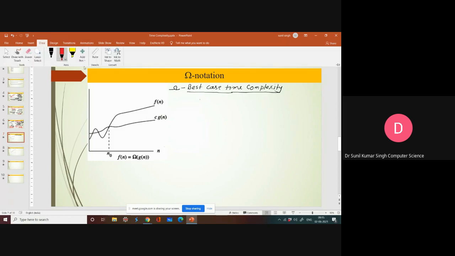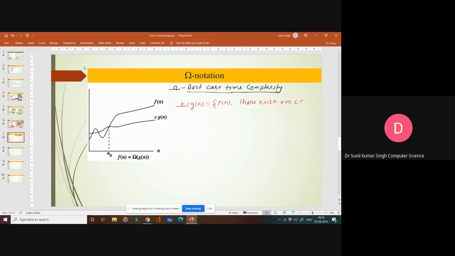We can define omega of g(n) as the set of f(n) such that there exist positive C and n naught such that f(n) is greater than or equal to C g(n), and it is greater than or equal to 0.